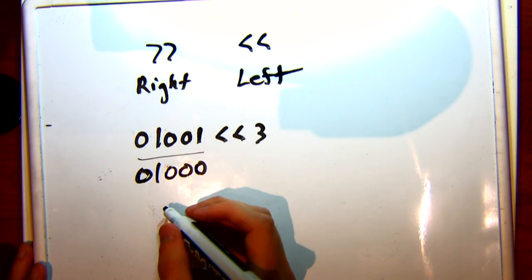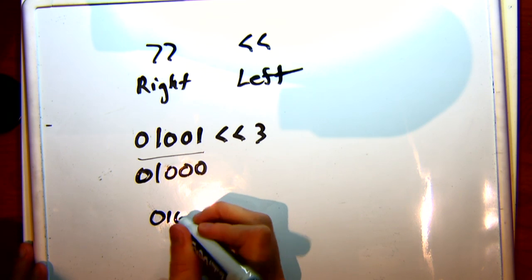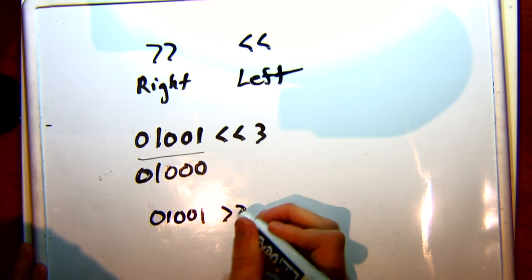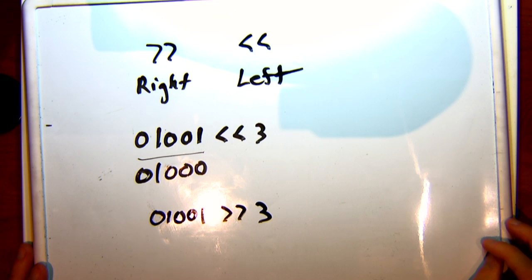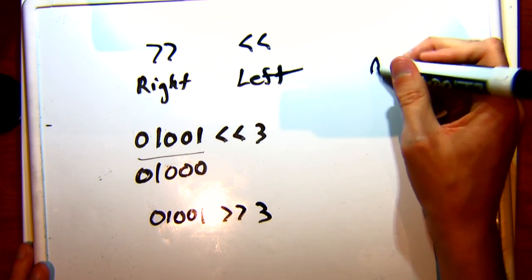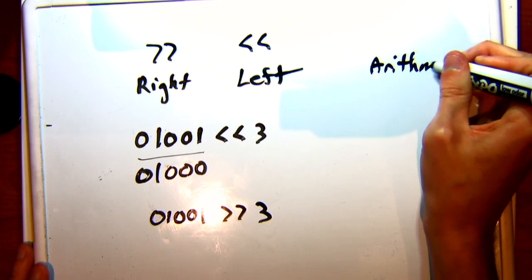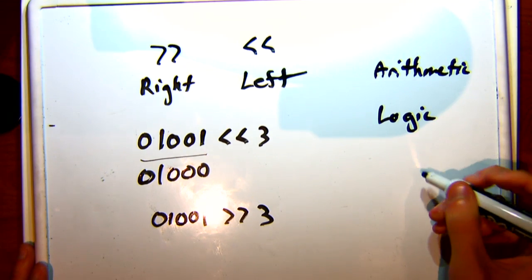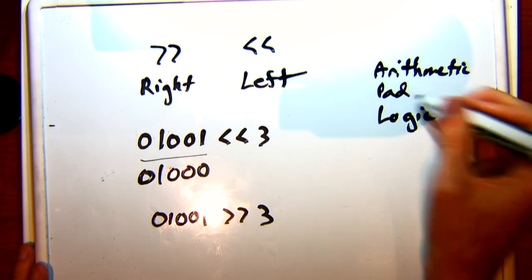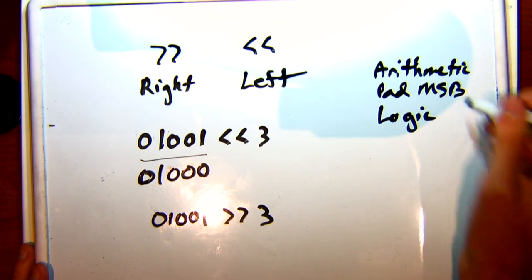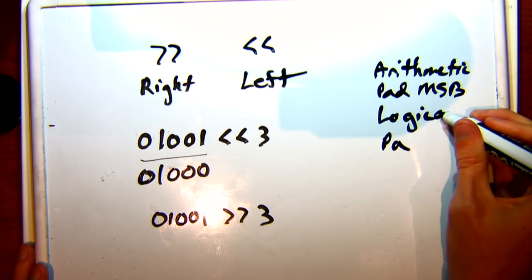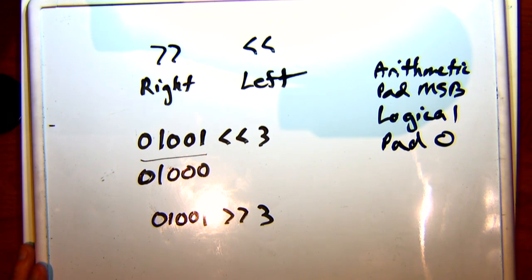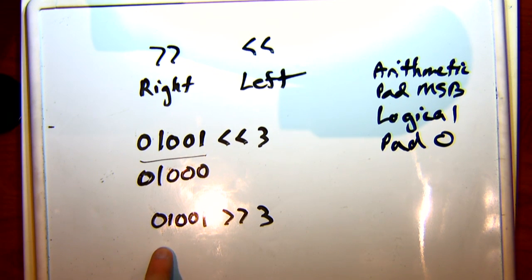But if we shift right by 3, then we have to take into account whether this is an arithmetic or logical shift. With arithmetic, we pad with the most significant bit, and with logical, we always pad with 0. So in this case, it doesn't matter because the most significant bit is 0.